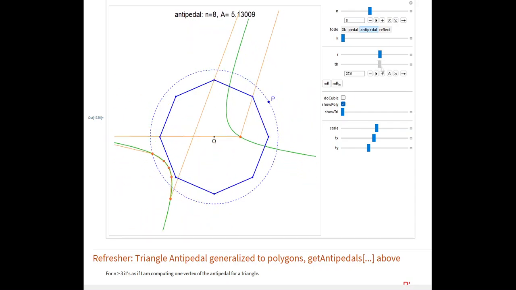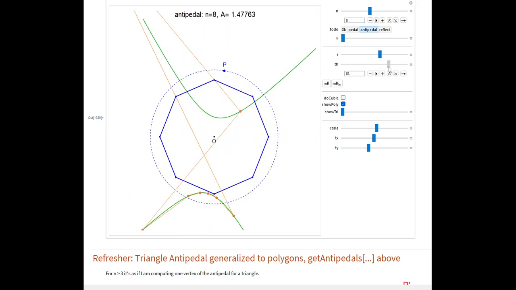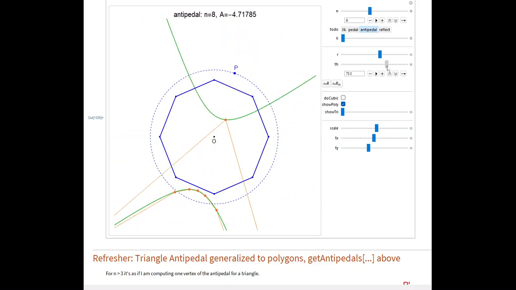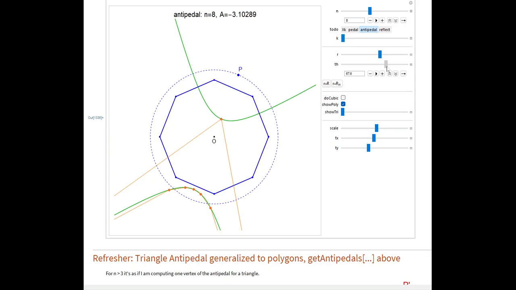Okay, you can see here that, again, as P is moving around a circle, I believe this conic here is a right hyperbola, but I would have to check. I haven't done this exploration yet, but the main result here is that the n antipedal images of P with respect to sides of this regular polygon, they fall on a conic.